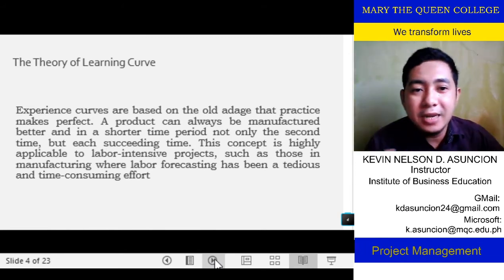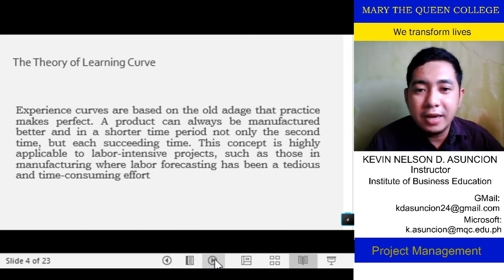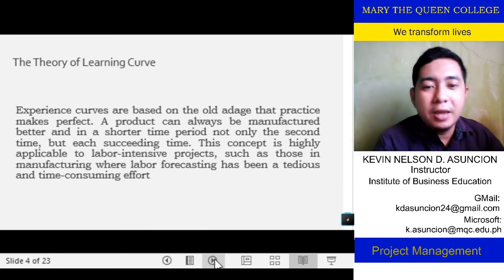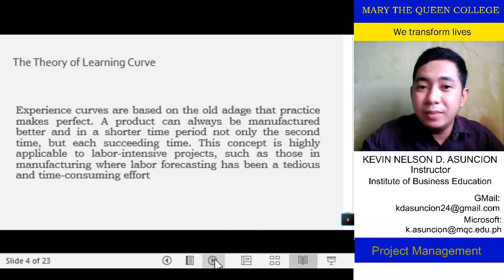This concept is highly applicable to labor-intensive projects, such as those in manufacturing where labor forecasting has been a tedious and time-consuming effort. Tulad nung nasa construction, kadalasan ang pinakamatagal na araw ay yung first day, no? Dahil they tend to see where the resources are, and habang tumatagal, they can locate those resources para mas madali mong ma-access and dumali yung trabaho.